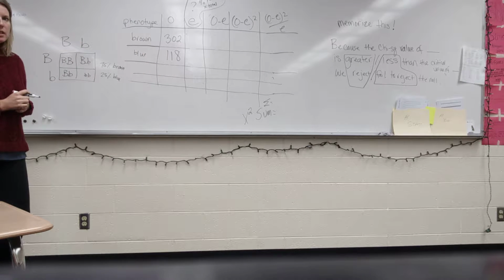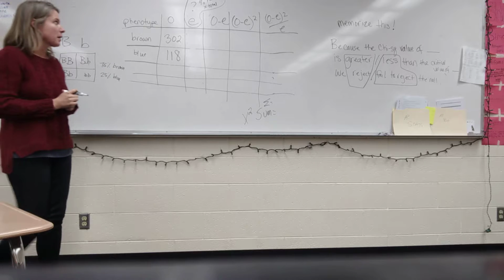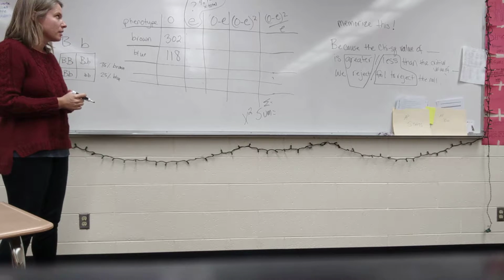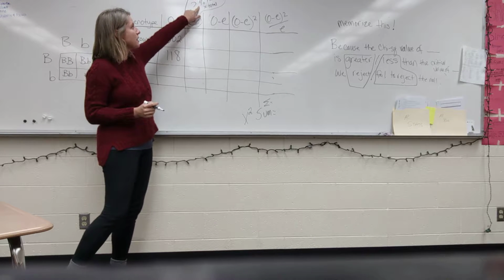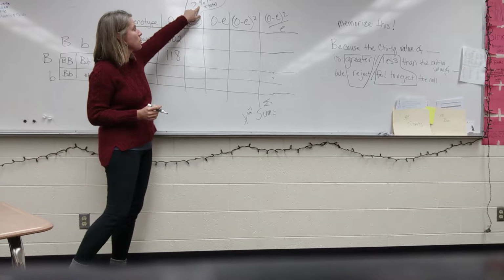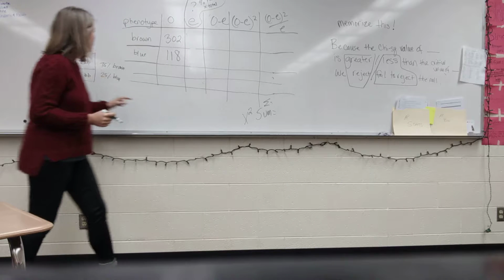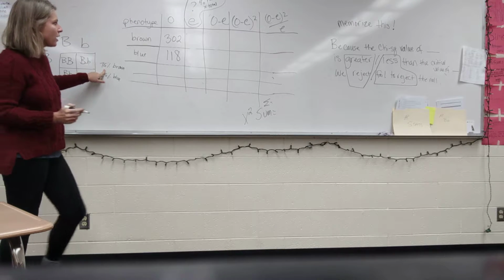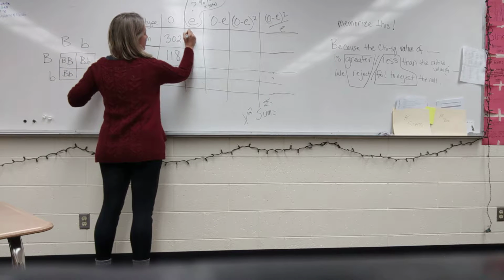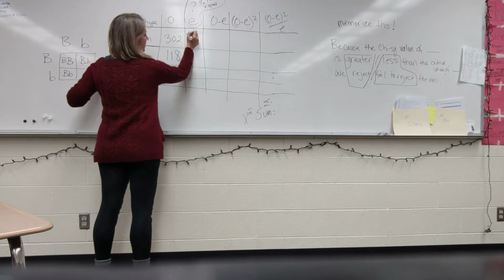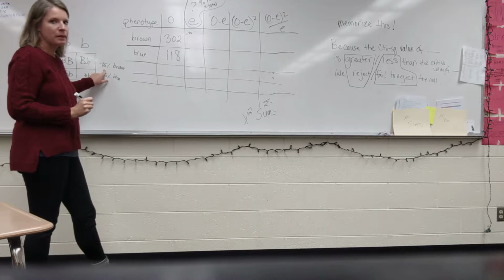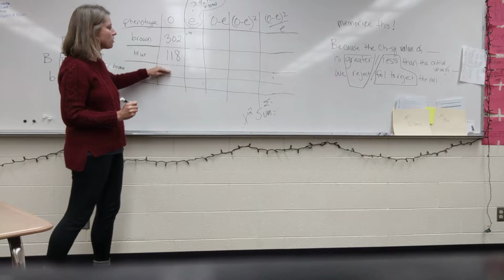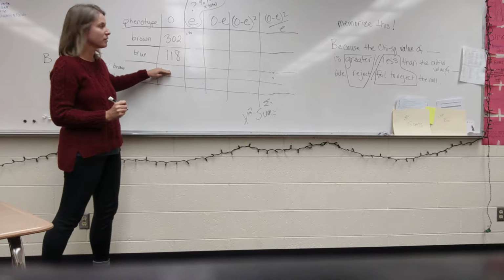You're going to have to be able to calculate the expected value by yourself, and to do that you take the predicted percentage from the Punnett square, which was 75% for brown eyes, and you have to change that into a decimal. So we take 75% chance of brown eyes, and we multiply that by however many children we ended up having.